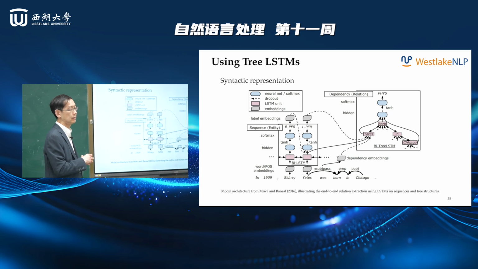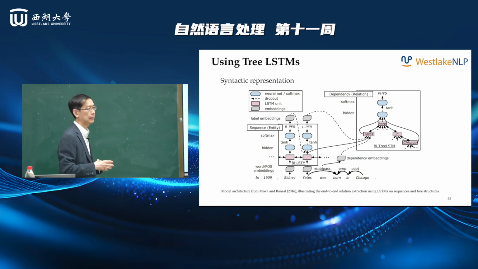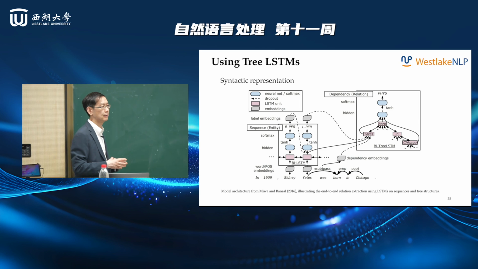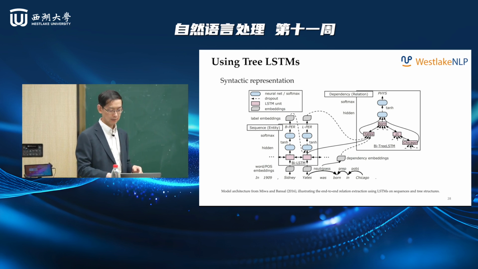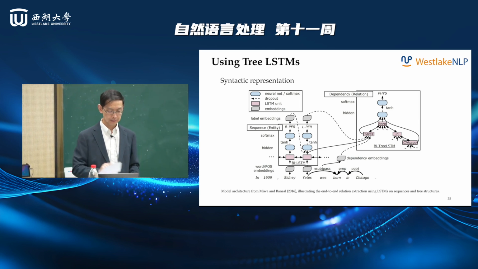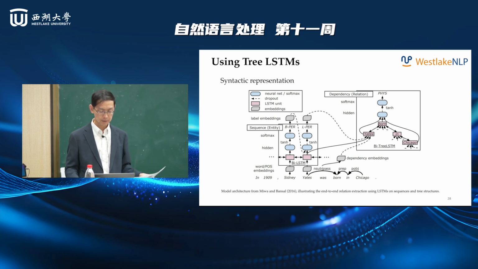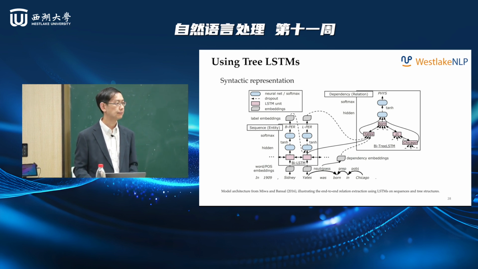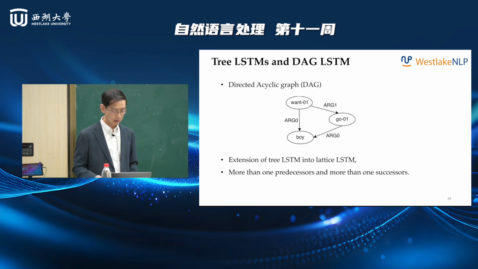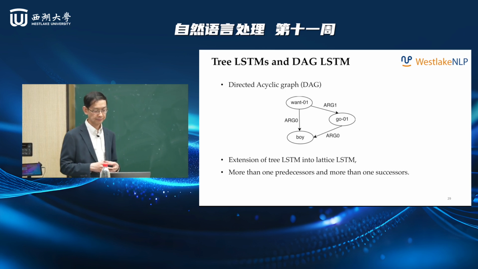Okay, so if we had features from "born," then it clearly tells this is a birthplace relation. All right. So I gave you two examples for using tree structures. Let's move on.